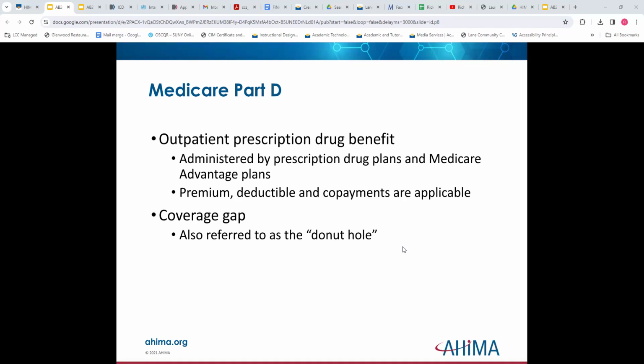Part D is outpatient prescription drug benefits, and basically this is a Medicare plan, right? And it has the coverage gap for some medications. Many medications, as we know, are very, very expensive, and this is one way of filling this gap, sometimes referred to as the donut hole.